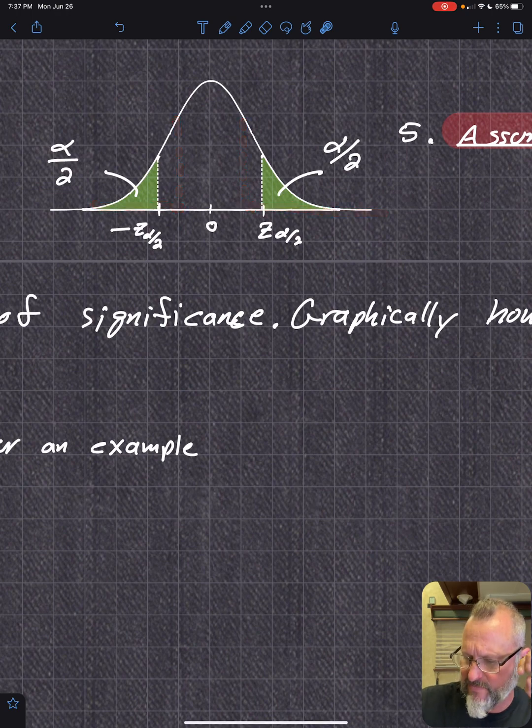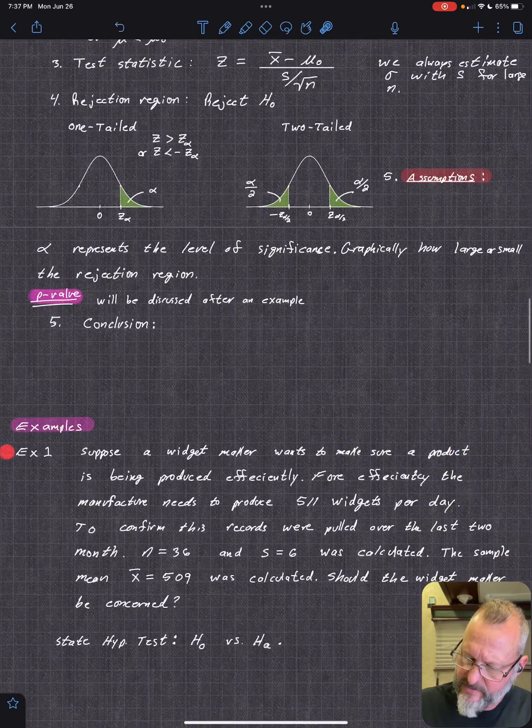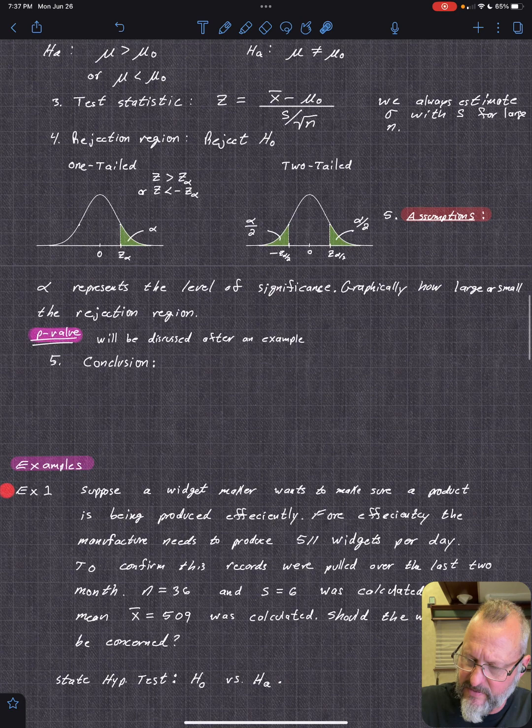With a small alpha, you're going to go farther away. So a small one means you went farther away from the mean. The P-value is the actual probability of this occurring, and we'll show that calculation.